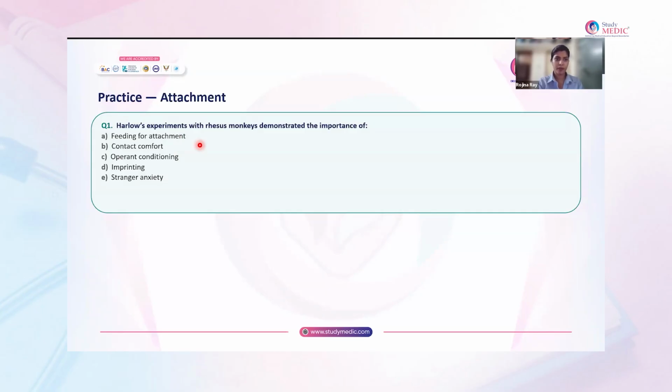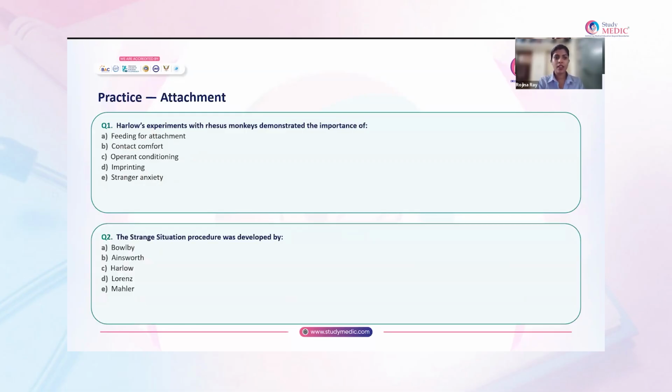No, it's opposite. Operant conditioning was proposed by Skinner. Imprinting, we know, by Lorenz. Stranger anxiety is an entirely different concept. So Harlow's experiment with rhesus monkeys demonstrated the importance of contact comfort over feeding. That is, the monkeys preferred the clothed mother over the wired mother who provided food.